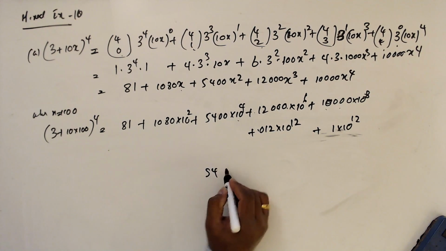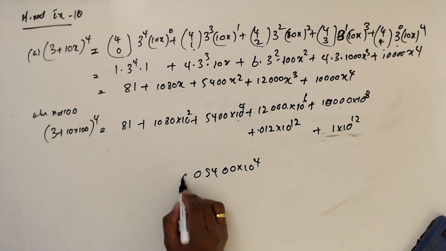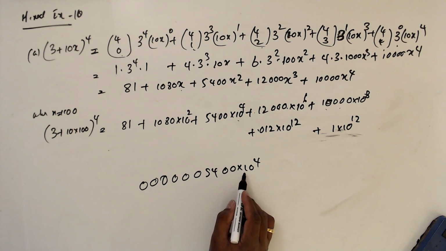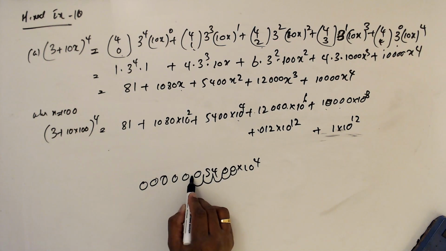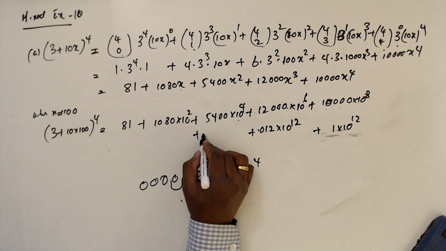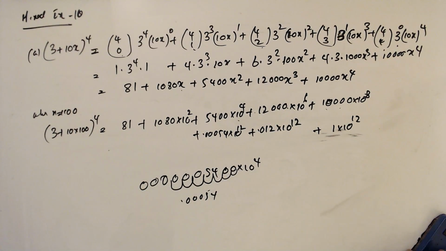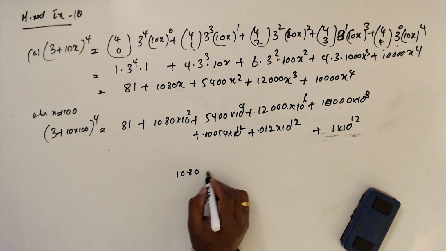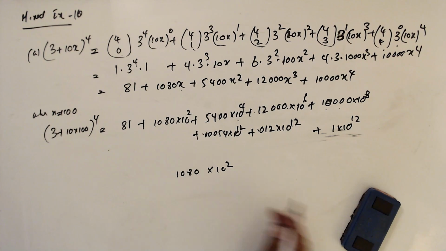So this is 5400 times 10 to the power 4. This is going to be a very small number, I'll put some zeros. It's going to be 0.00054 times 10 to the power 12. So this is 1080 times 10 squared, I think.